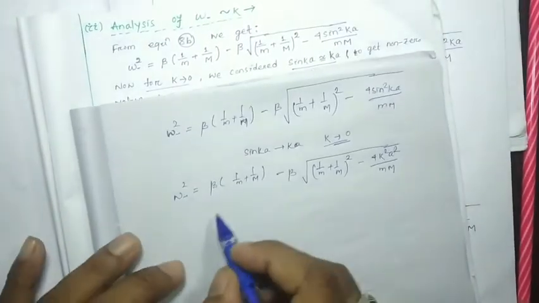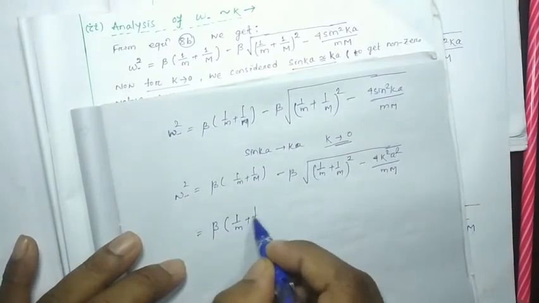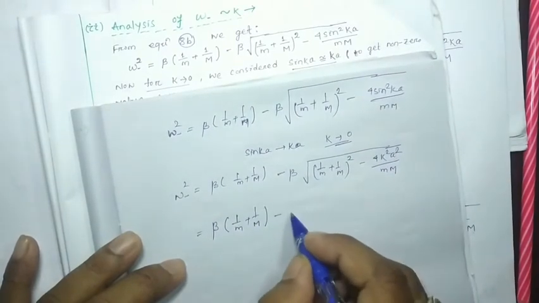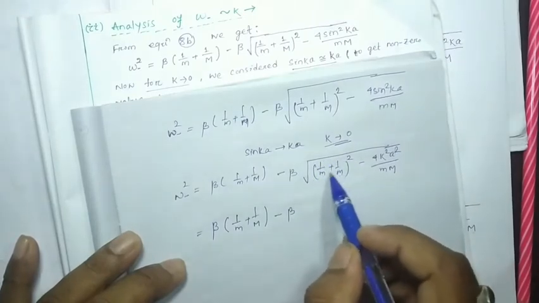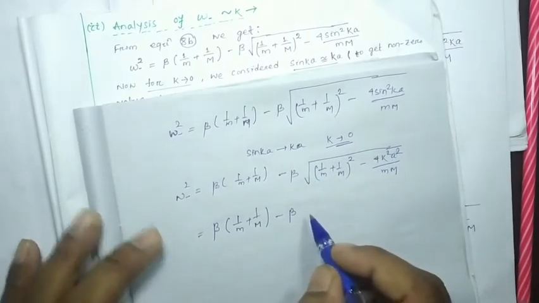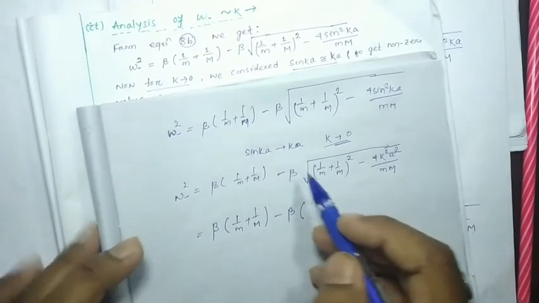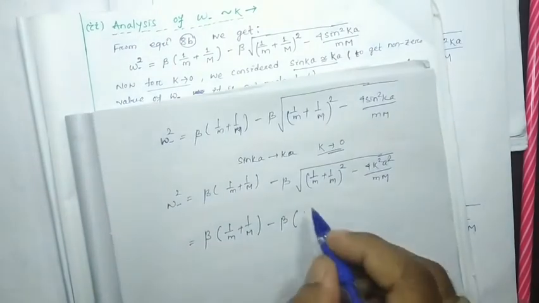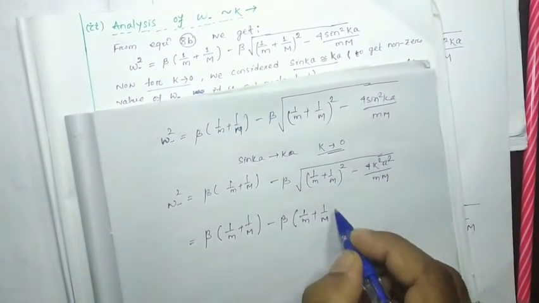watch it. Beta into 1 by small m plus 1 by capital M, minus beta into, I have taken this term common from this term and this term, so it will be how much? This is square. If you take it outside the root over, it will be 1 by m plus 1 by capital M, right?